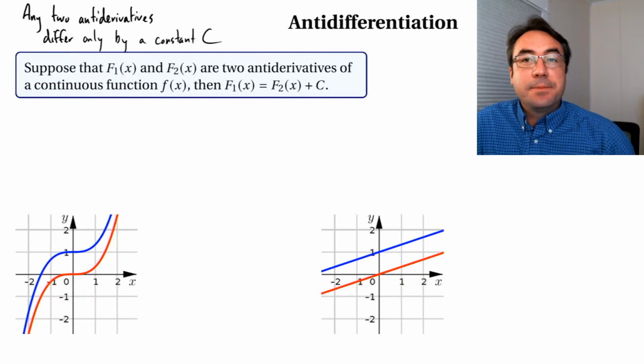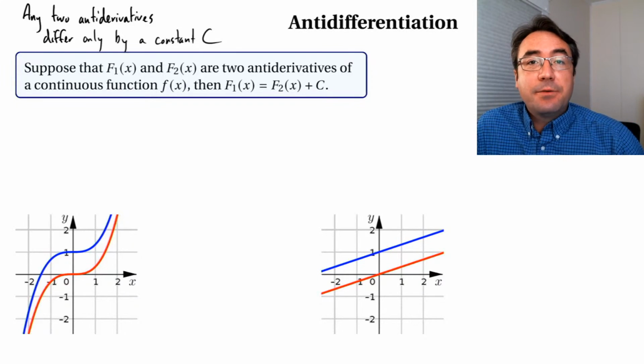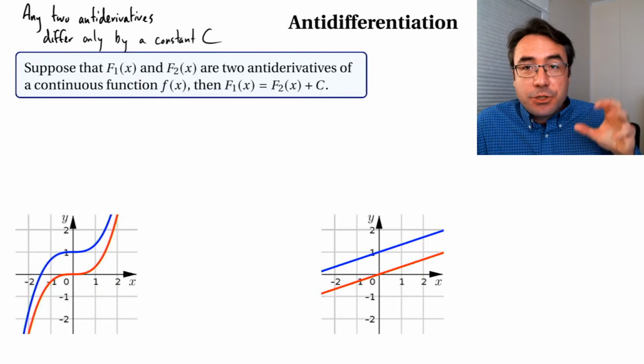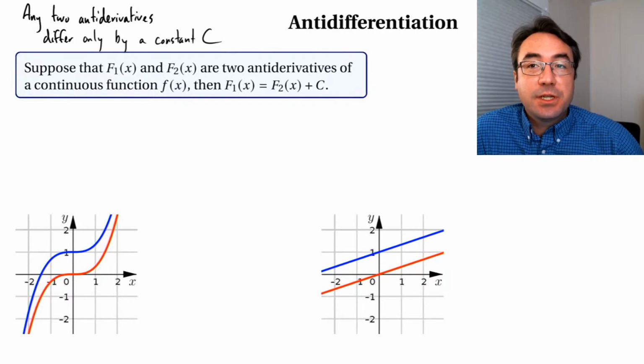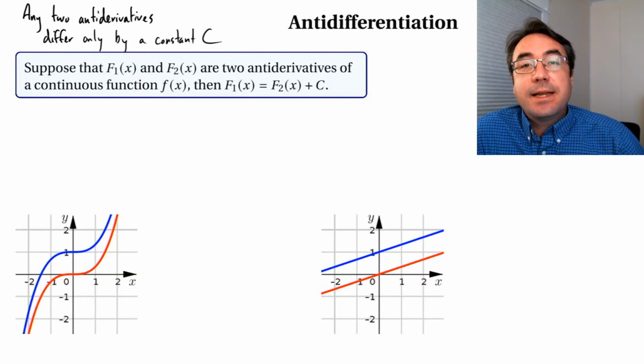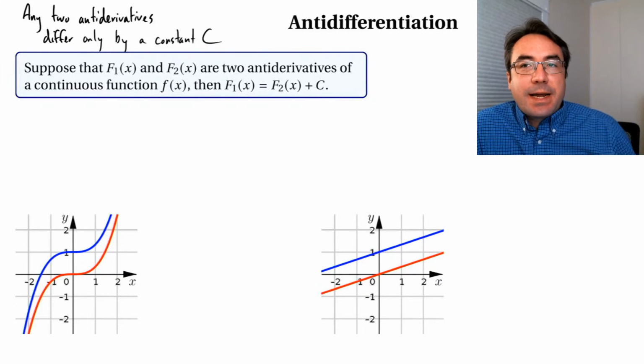More exactly, suppose we have capital F1 of x and capital F2 of x, and they're two different antiderivatives of the same continuous function little f. Then capital F1 is almost equal to capital F2, but it's different by a constant.